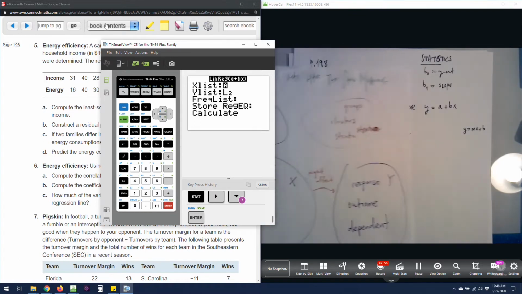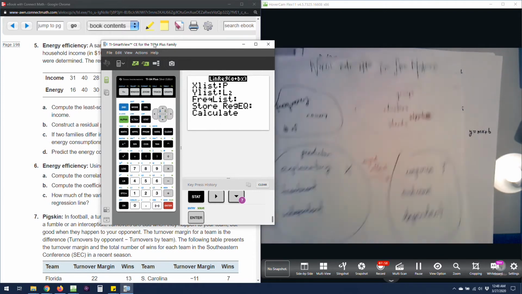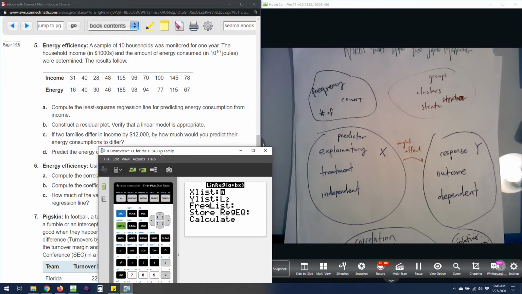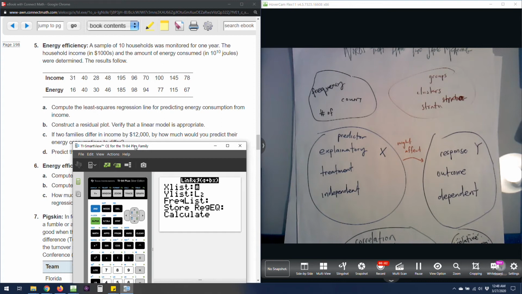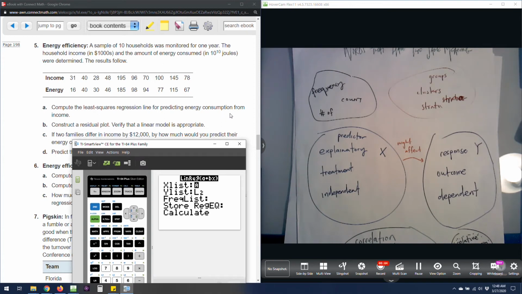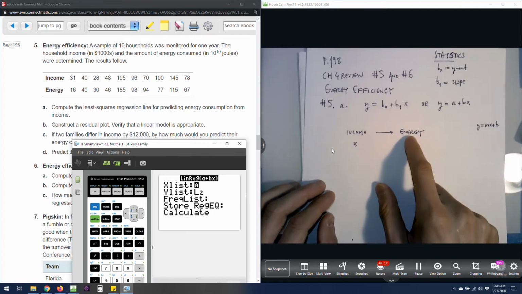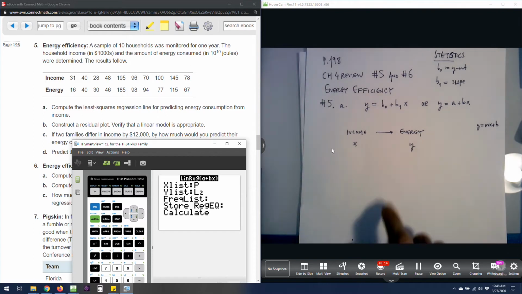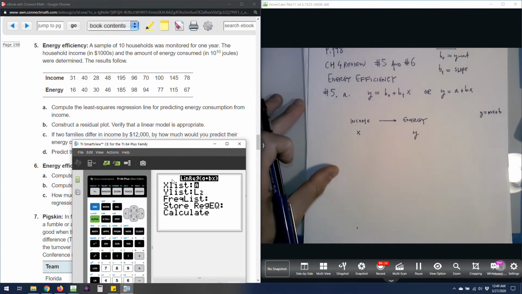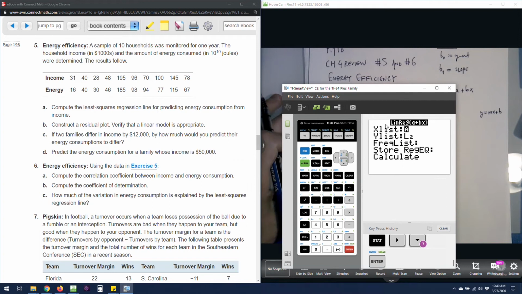The question is asking us for the line that predicts energy from income, and that's what we have here. Income is predicting energy. So that tells us which ones are X and which ones are Y. Our X is going to be the income, our Y is the energy.